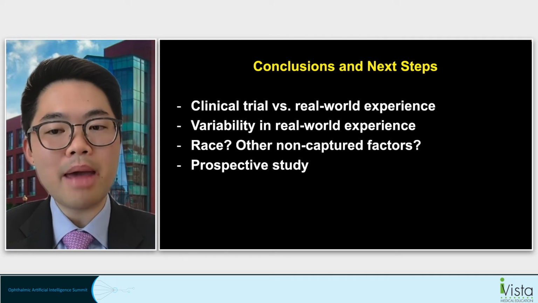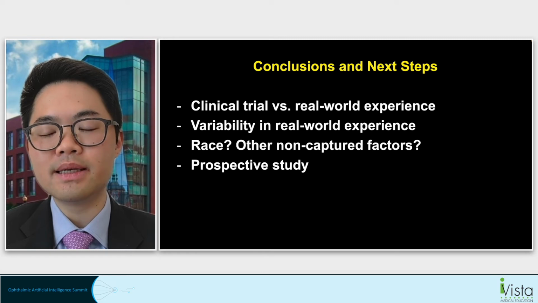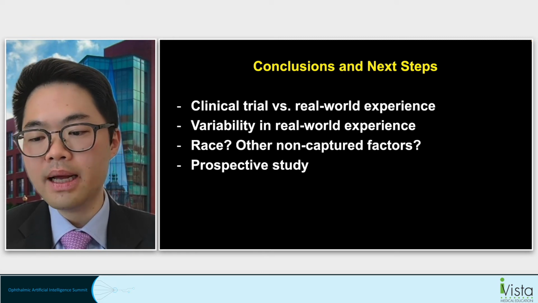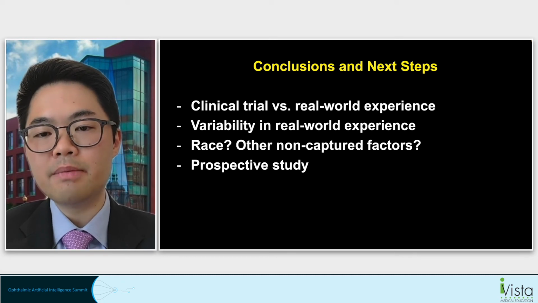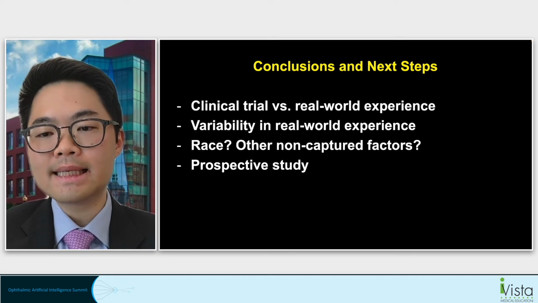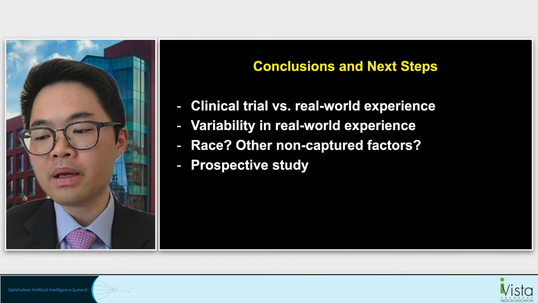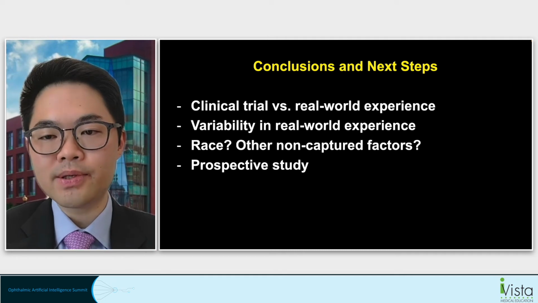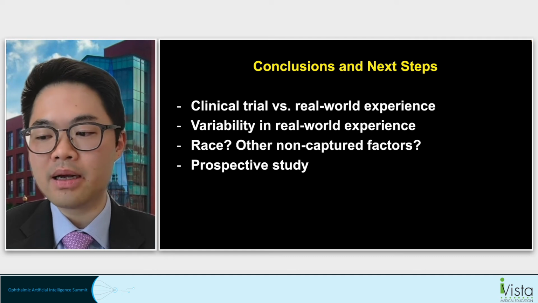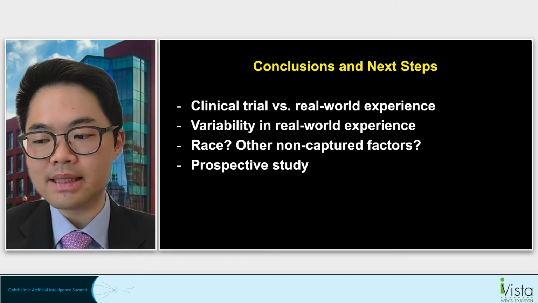We think the main reason to explain these differences was the patient composition in our cohort, specifically race. As a comparison, in the pivotal clinical trial, 63% of the patients were Caucasian compared to 36% in our cohort. On the flip side, in the pivotal clinical trial, 28% of the patients were African American versus 55% in our cohort.